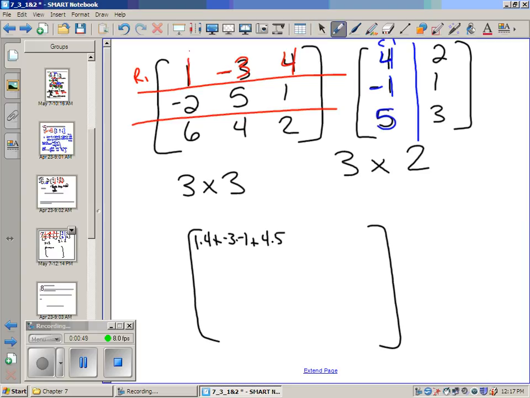Okay, so I'm walking through here this way, never sticking with the same number, I'm just sticking in the same row. 1 times 4 plus negative 3 times negative 1 plus 4 times 5. Any question about where I got those numbers? And then let's see, 4 plus 3 is 7 plus 20, that's 27.